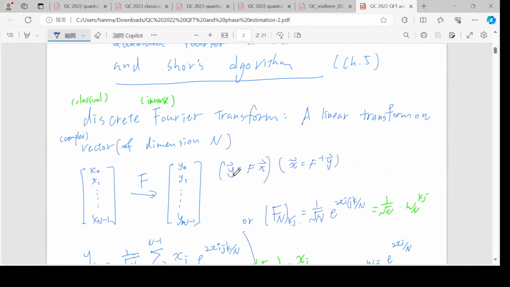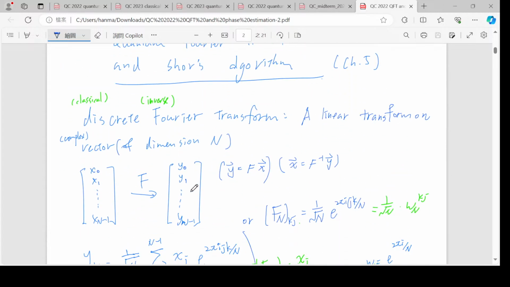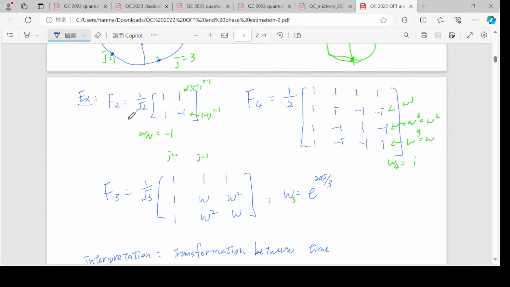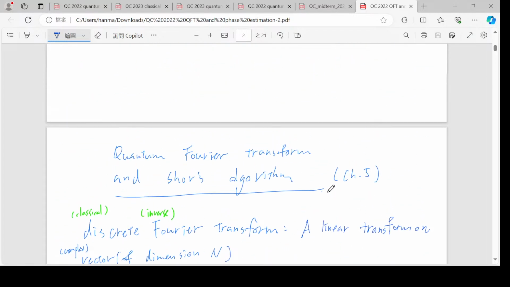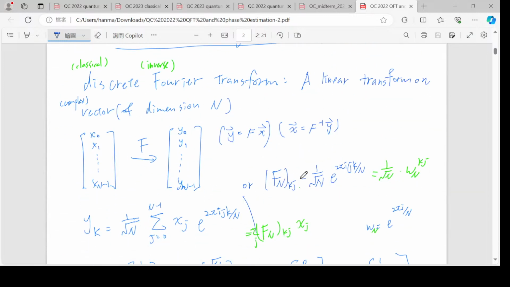So this Fn matrix depends on what your n is, and we have a few examples here. You have some normalization factor in front, 1 over square root n, and then you have those omega listed here to some power, to the kj power, where k and j are the x and y coordinates over this matrix.